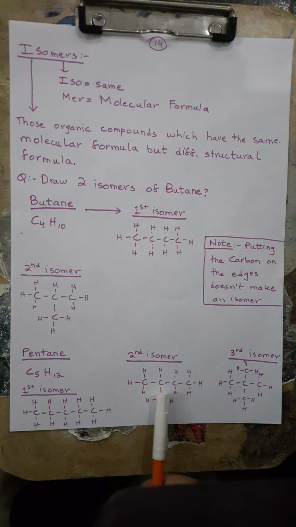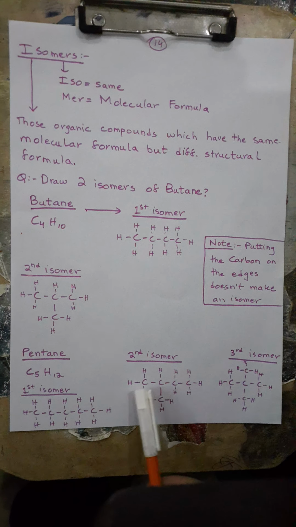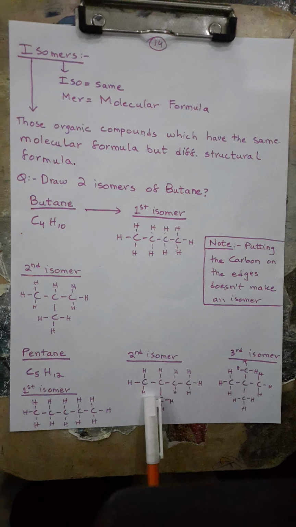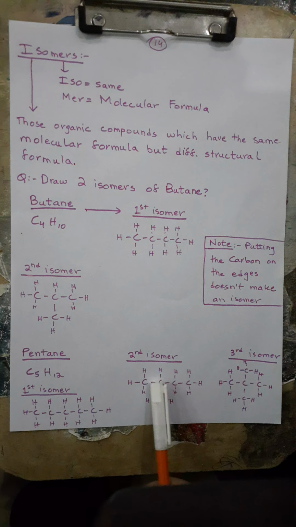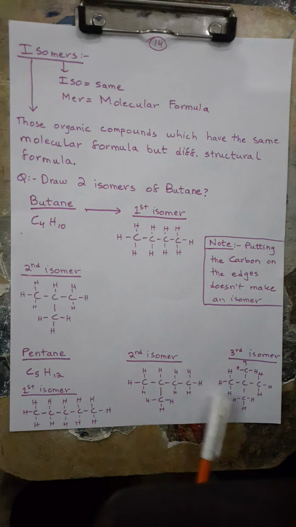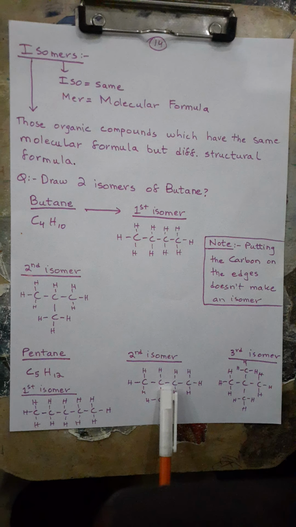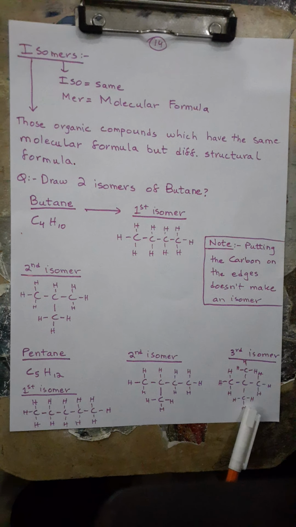We cannot take this carbon over here to make the third isomer, because then this carbon will be at the edge. A carbon attached to the carbon at the edge won't make an isomer. So we take this carbon and attach it to this carbon, and this makes the third isomer.